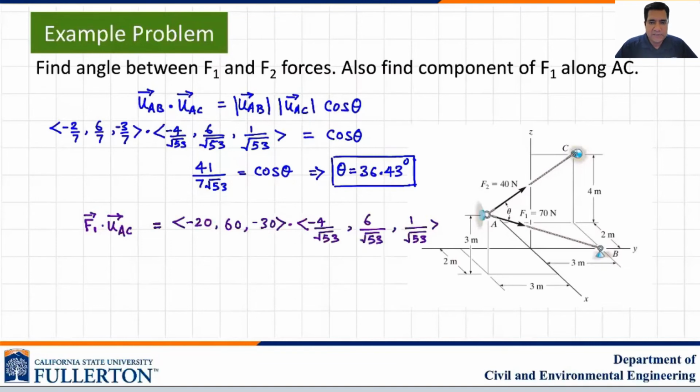Since F1 is already computed and UAC is already known, we can simply take the dot product and we get 56.32 Newtons. So this is the component of force F1 that acts along the direction AC.